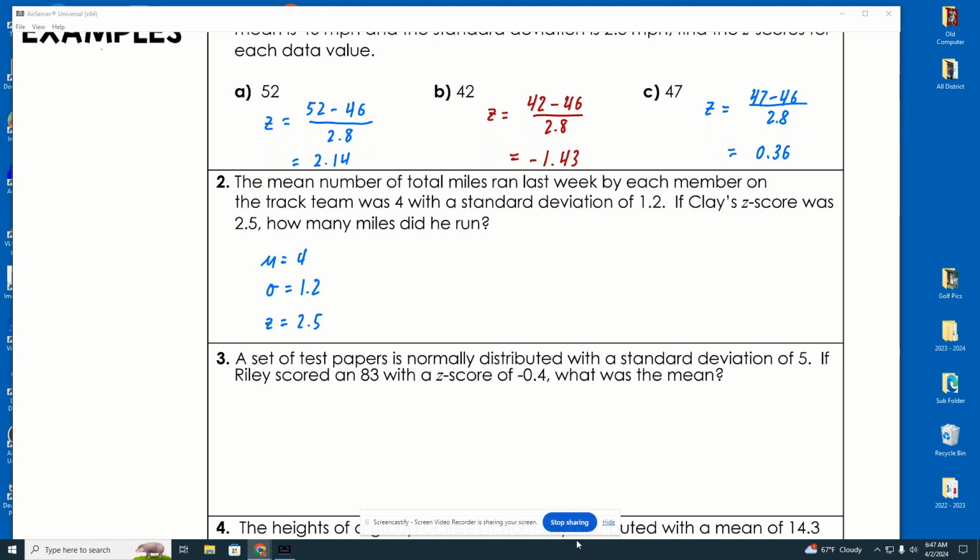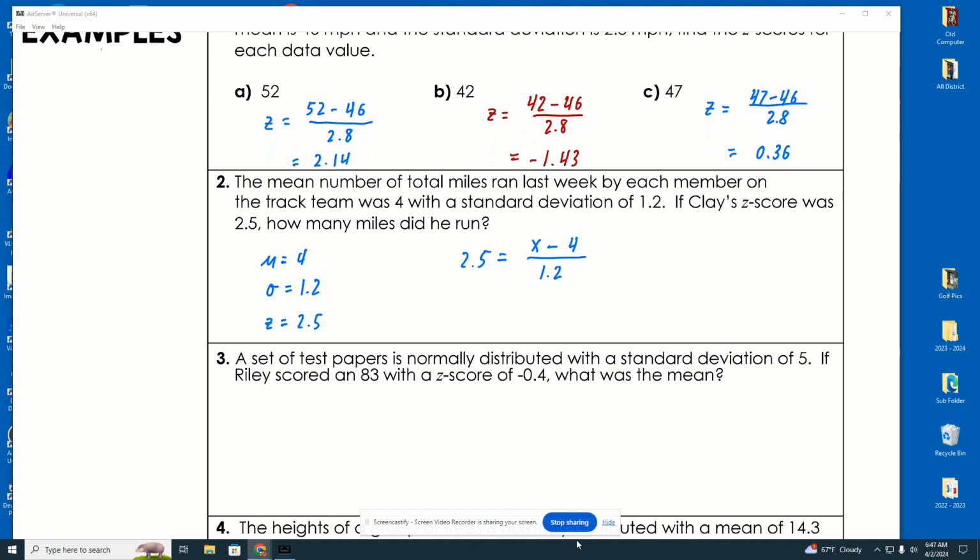In the top problem, we were trying to find z. We have z. So 2.5 equals the value that represents how many miles Clay ran, minus our mean, which is 4, divided by our standard deviation, which is 1.2. See, same formula.